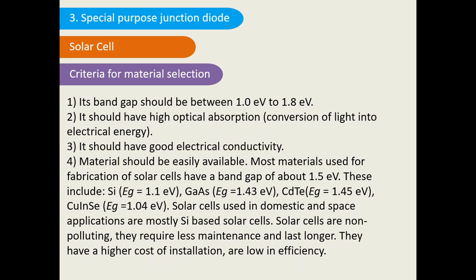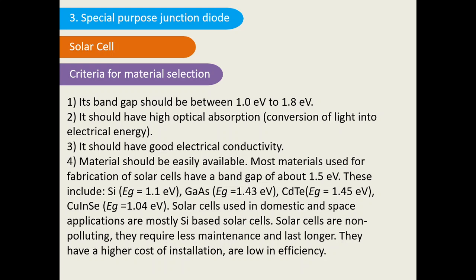Solar cells used in domestic and space applications are mostly silicon based. Solar cells are non-polluting, meaning they do not result in any noise pollution or any type of wastage.